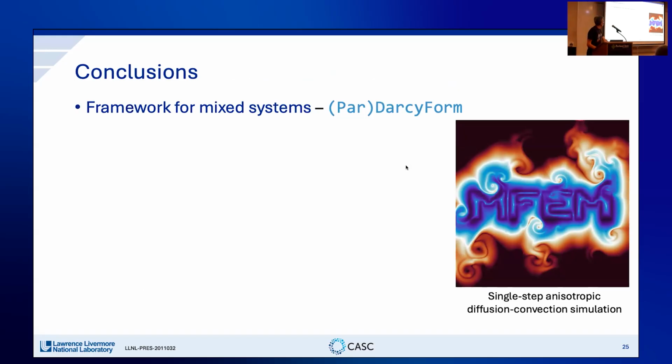Okay, so in conclusion, I have introduced the framework for mixed systems, relying on that Darcy form class, or par-Darcy form, which is that parallelized version. There is that potential or flux reduction through Darcy reduction class.